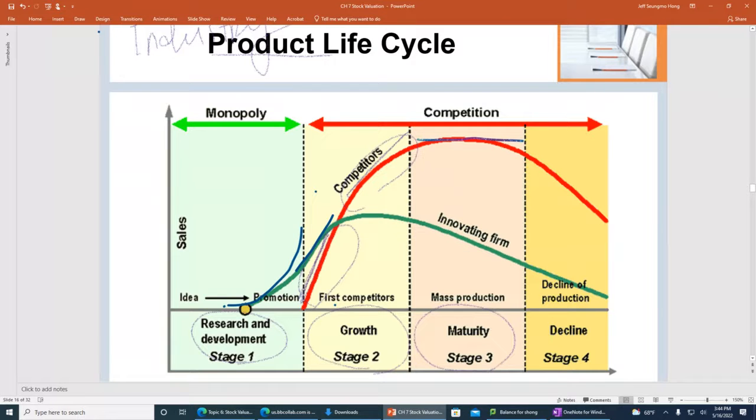That means they have already hit the maximum market share. If they have hit the maximum market share, they will have little room for growth. And then after that, it goes into decline. Of course, not every product goes into decline. Not every industry goes into decline.